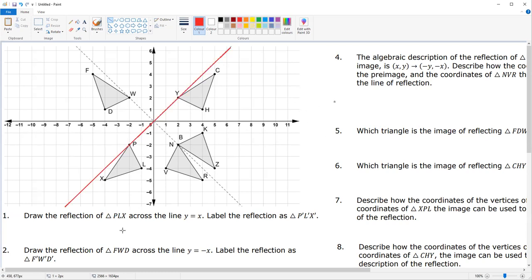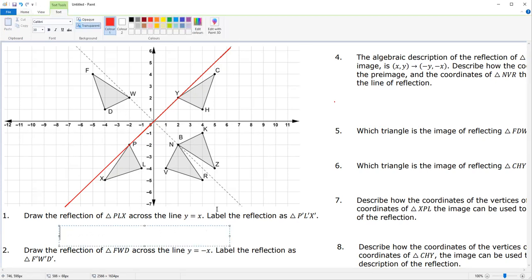Okay. So now the best way to do this, in my opinion, is to keep exercising the table method. In order to exercise the table method, you need to know what the algebraic description is for a reflection across the line y equals x.